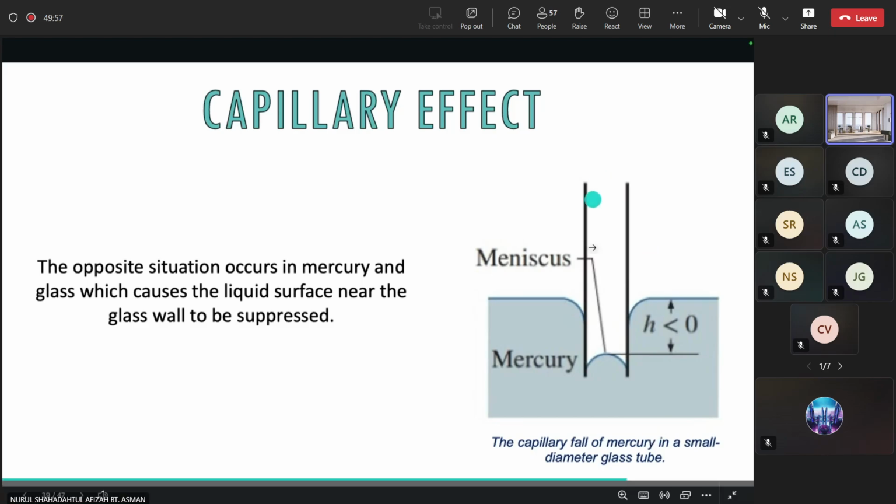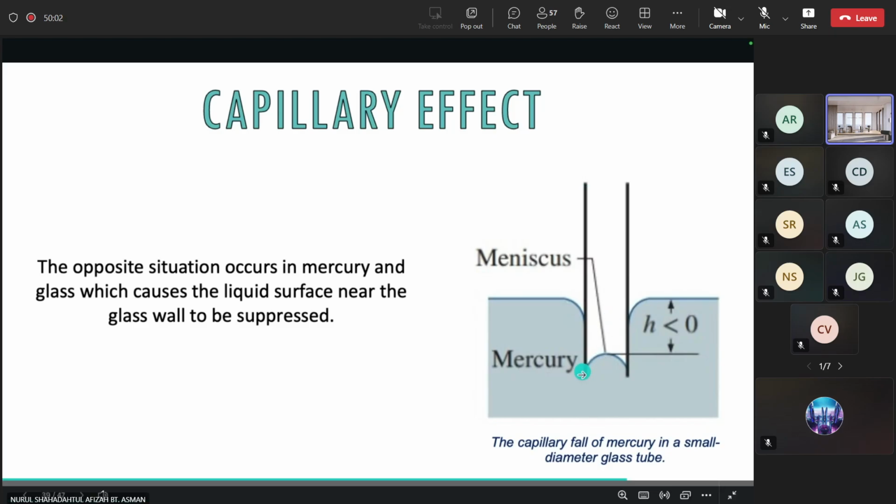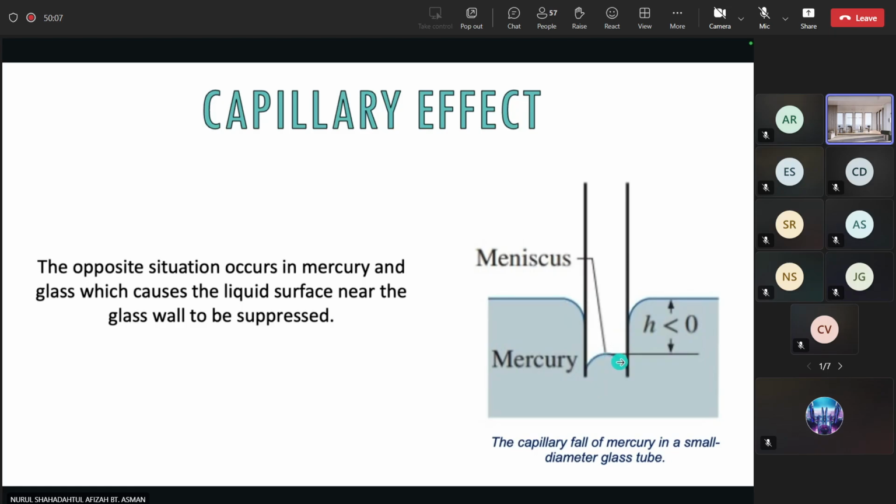So this we put the meniscus, we put the sini cylinder, and then our meniscus, kita punya liquid will be lower than the height of the container lah, which is the height will be less than 0. So as you can see, ini the meniscus shape is set, U terbalik, so it is easy to identify this mercury.